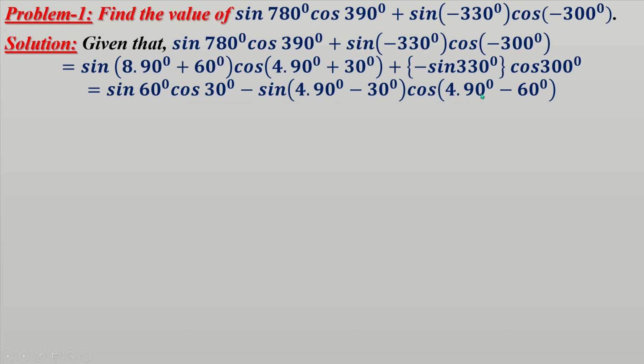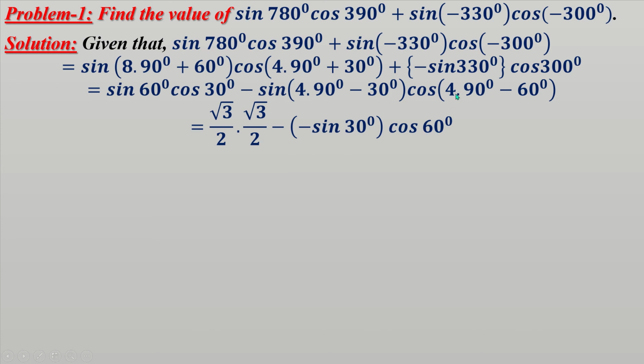And here also 4 into 90 degree minus 60 degree, we can easily write in this form, that means 4 into 90 degree minus 60 degree. Now calculate: this equal to cos 60 degree, this equal to root 3 by 2, and this also equal to root 3 by 2. Here is fourth quadrant, fourth right angle minus something, so sine negative, and here also fourth quadrant cos positive.